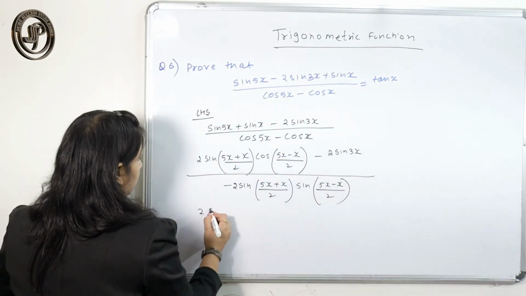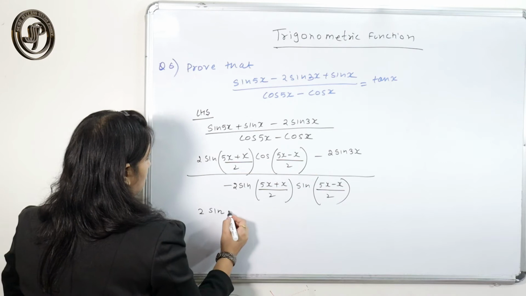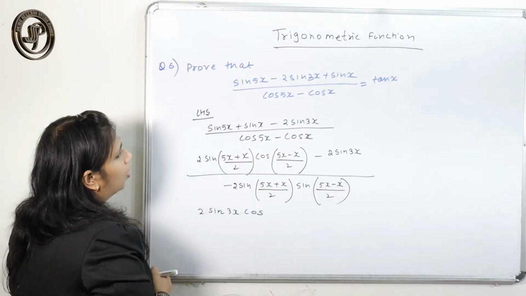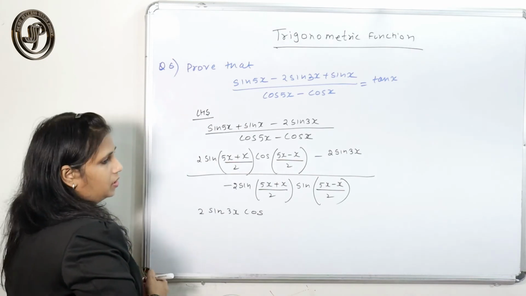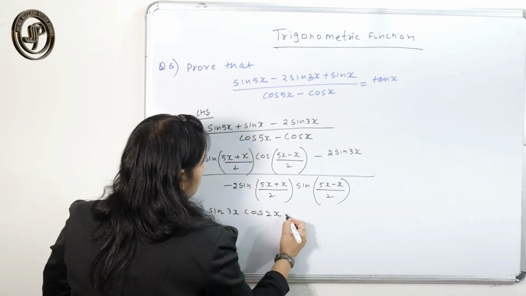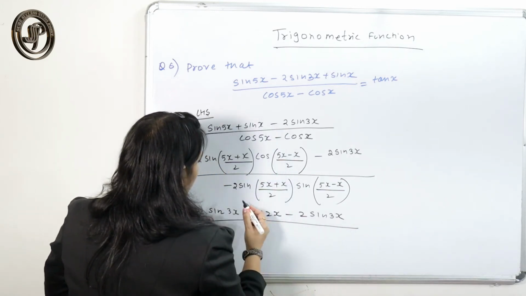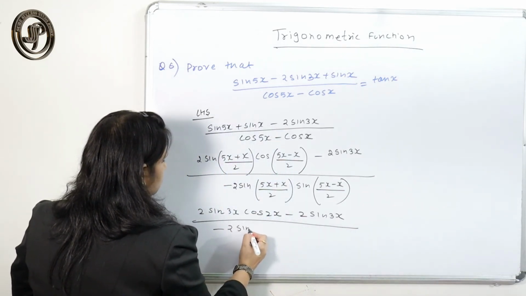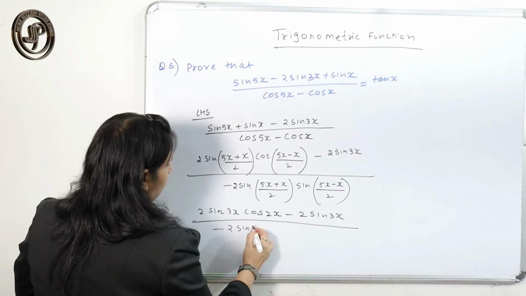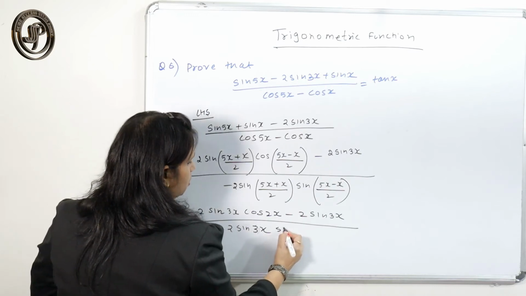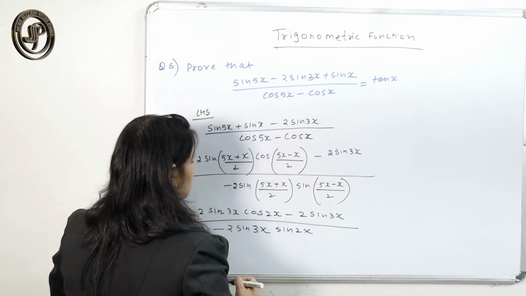If you simplify this, you will get 2 sin 3x cos 2x − 2 sin 3x, upon −2 sin 3x sin 2x.